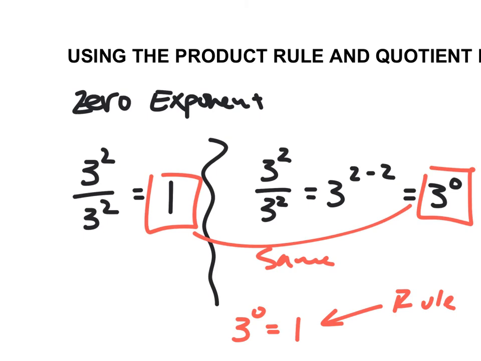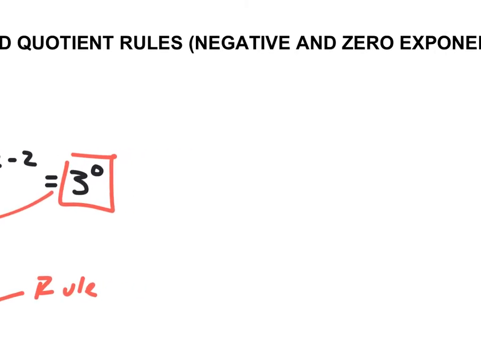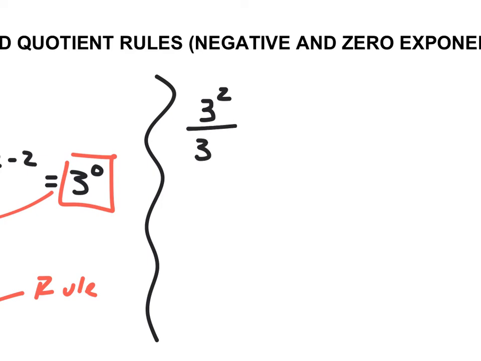Okay, and that's how we get that. All right, so you can look at this a couple different ways, but I like using the rules because it kind of helps you. Okay, let's do the negative exponent, which we kind of did up top. Let's do 3 squared over 3 to the 5th, okay? And let's do this 2 different ways. The first way I'm going to do it is I'm going to expand this out.